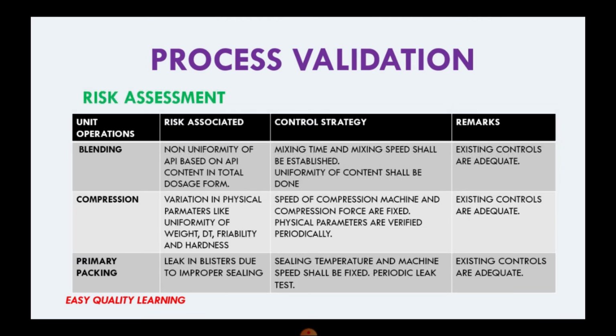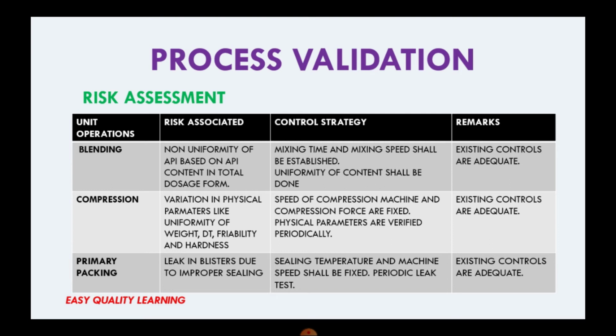Then blending. What is the risk in blending? Non-uniformity of API content in the total dosage form. What is our control strategy to mitigate this risk? Mixing time and mixing speed shall be established. We are fixing the blender RPM and blending time, so that every time the mixing happens in one way only.